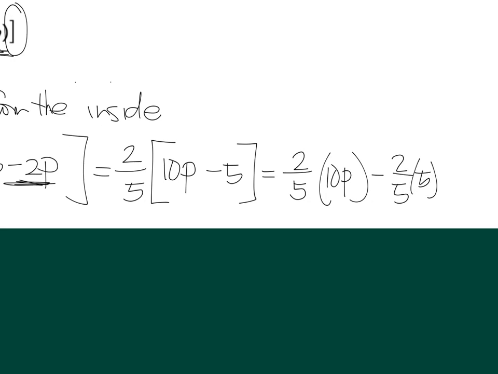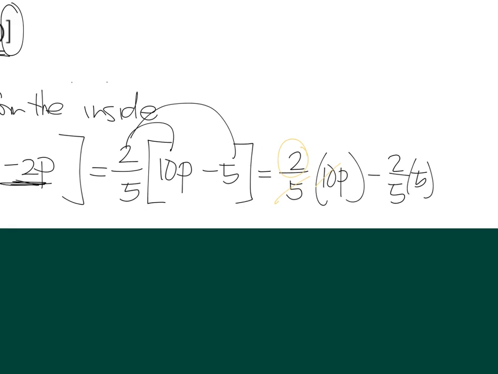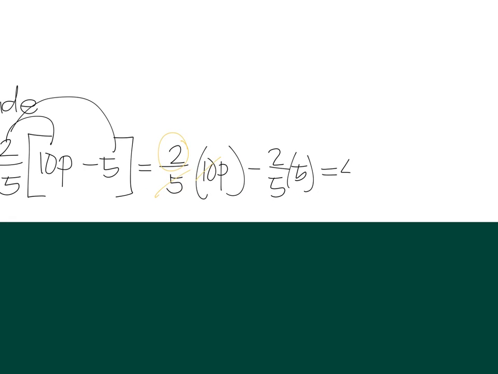Note how I distributed 2/5 on 10p and on the minus 5. Now finally, 2/5 of 10 means 10 divided by 5 is 2, so times 2, that will give us 4. So we have equals 4p. 2/5 of 5 means you cancel 5 and then you have only minus 2. So the final answer to this is 4p minus 2.